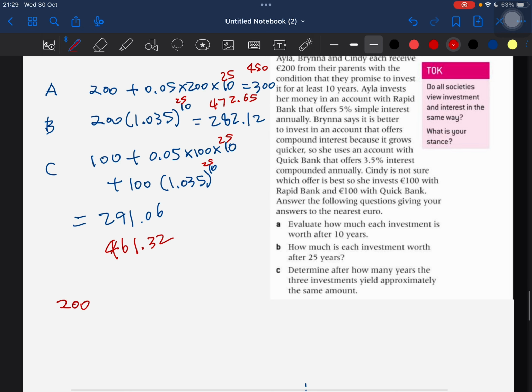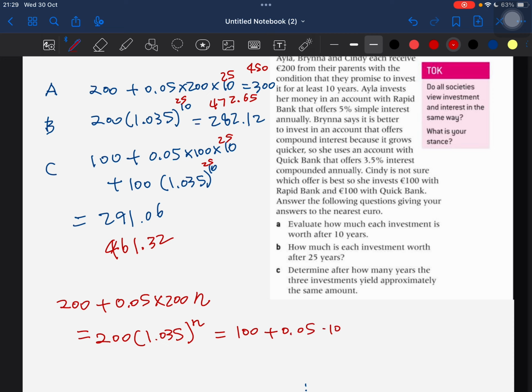So 200 plus 0.05 times 200n equal to 200 times 1.035 to the power of n equals 100 plus 0.05 times 100 times n plus 100, 1.035 to the power of n. So all of this should be the same, but I think it cannot be the same, approximately the same amount.